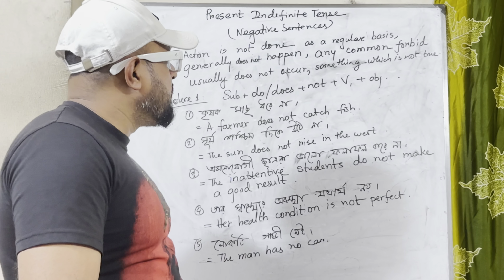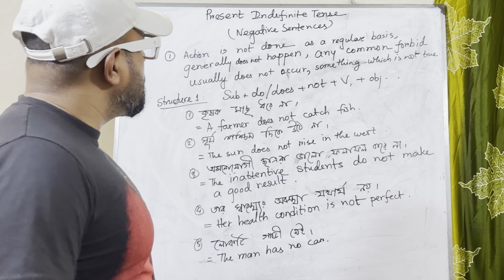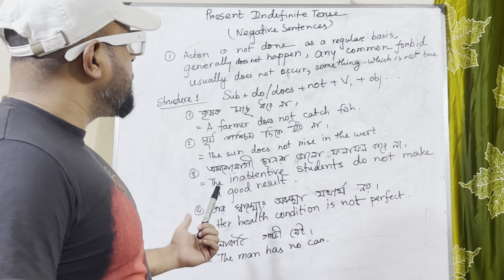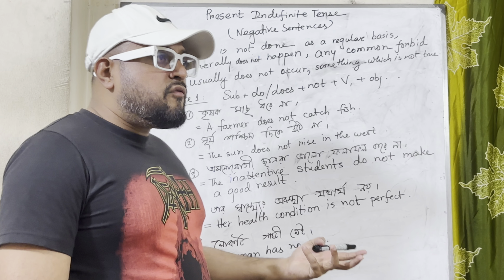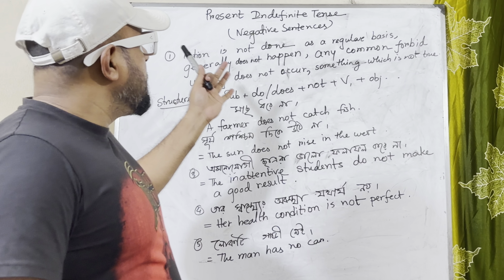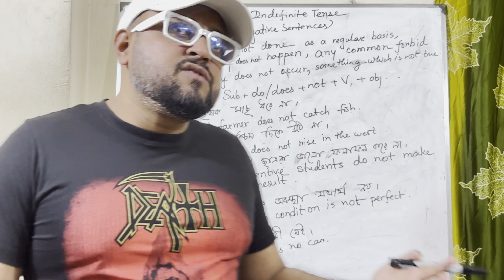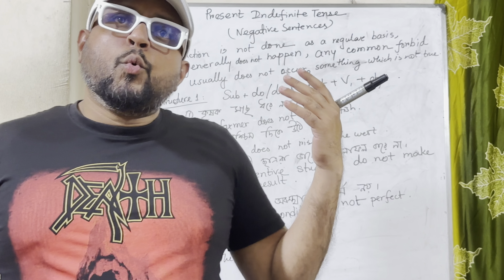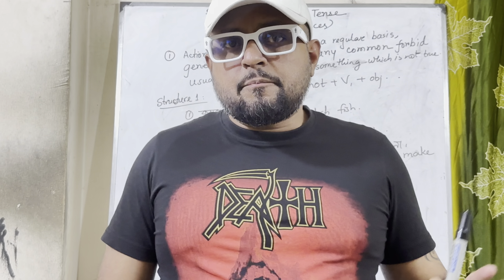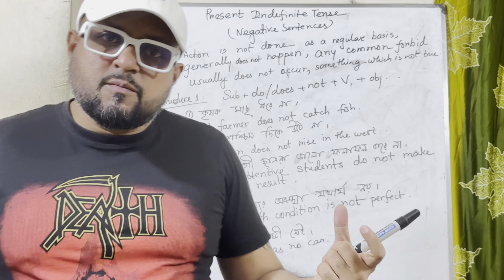So I have written something over here: an action not done on a regular basis, or an activity you don't perform regularly. Generally it does not happen, like some activities or some work usually does not happen by a specific group of people.